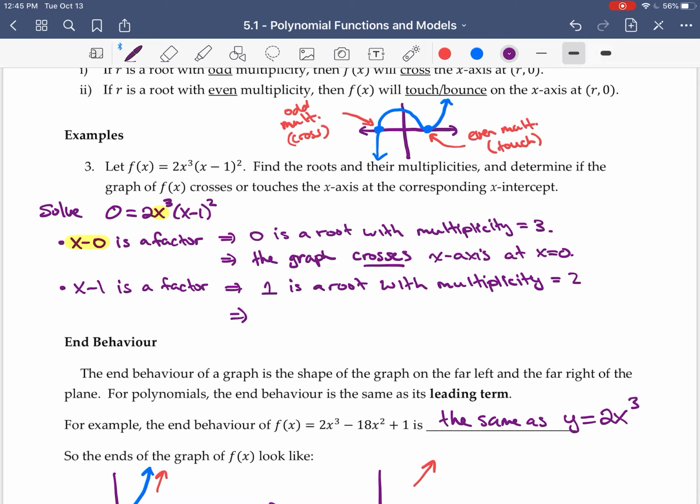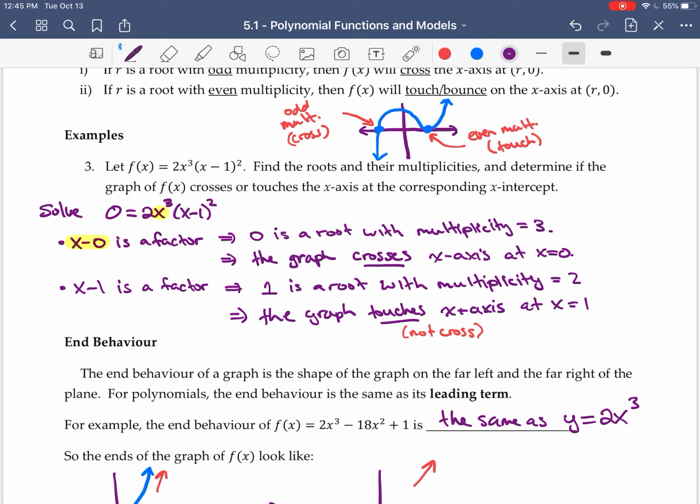An even multiplicity means that the graph touches the x-axis but does not cross at x equals 1. So not cross. It touches the x-axis and then bounces back up.